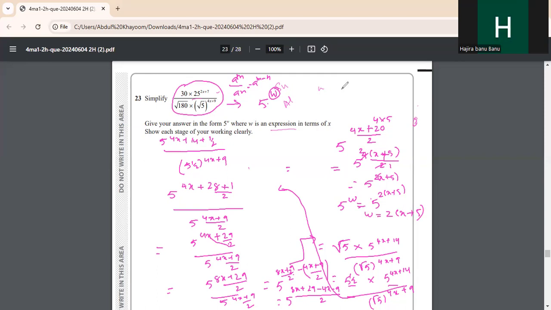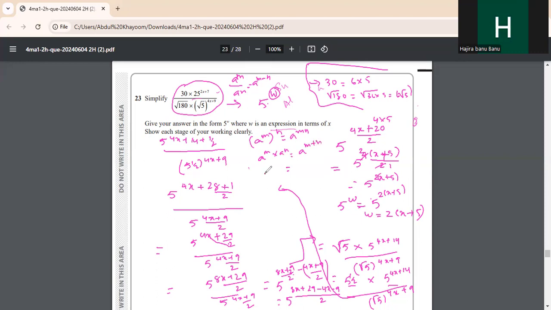Okay. So what all we have done here is we have reduced 30 as 6 times 5. I'm just revising what all we have done. Then we have reduced root 180 to root 36 times 5, that is 6 root 5. Then we have taken the law of indices of a power m whole power n, a power mn. Then we have taken a power m into a power n. When bases are same, power should be added.